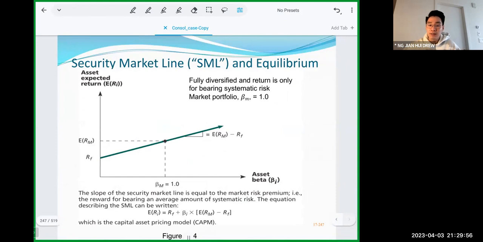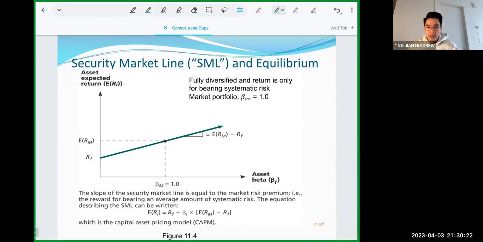But it's very important in terms of understanding, because even in the later chapters, we'll go back to this SML line, or security market line graph. And it actually explains a lot. So hope you can really understand how we even plot this graph. But rest assured, you will not be asked in the exam to plot a graph.